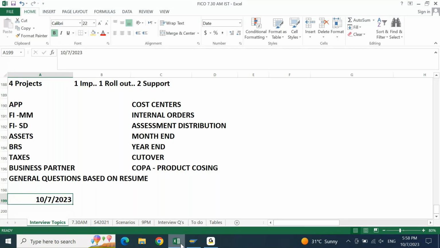It is for non-cost element. VAX is for cost element. VAX will involve cost element.